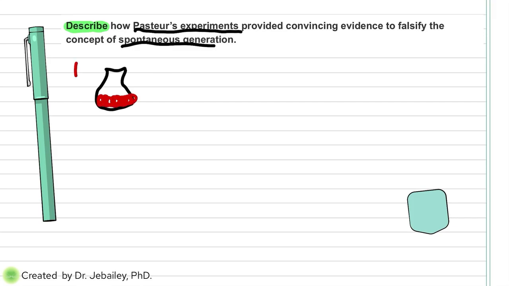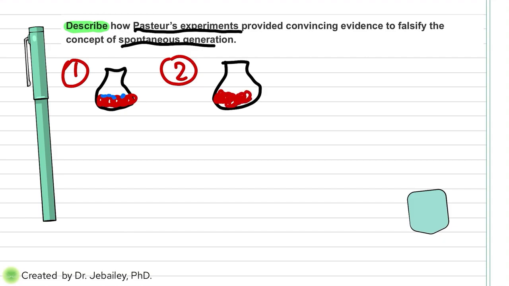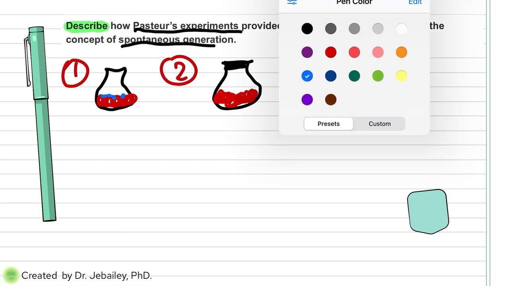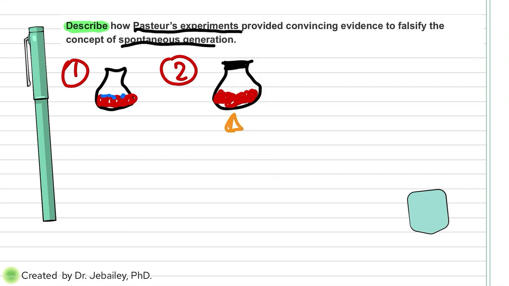Then in number 1, I will use blue for the microbes here. In the second scenario, I would have the flask and the chicken broth, but this time I will close the flask, and I will put sterilize here, or boil the broth to kill all the cells. So now it's dead. And then I will have the third flask here, in which I will have it cracked.